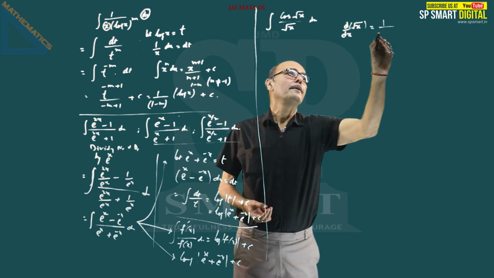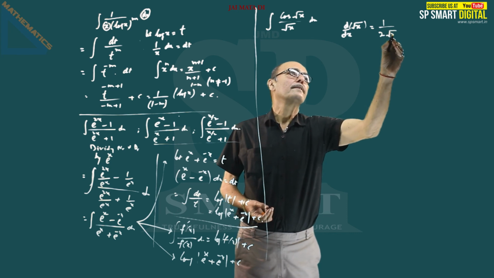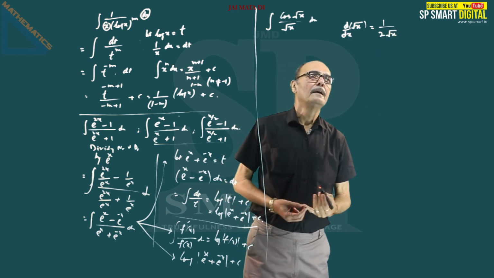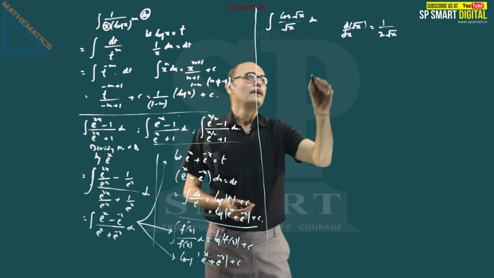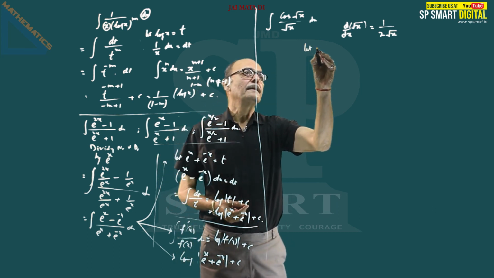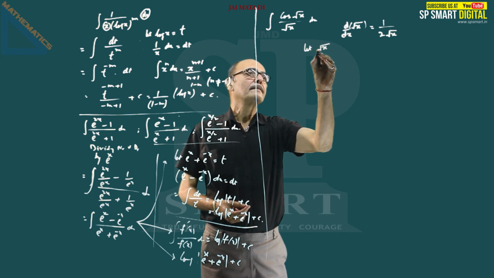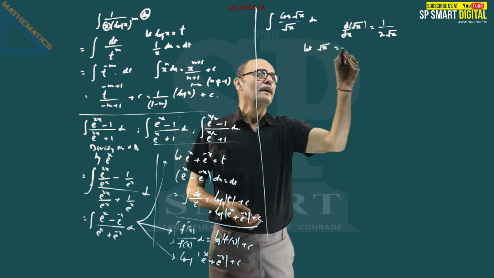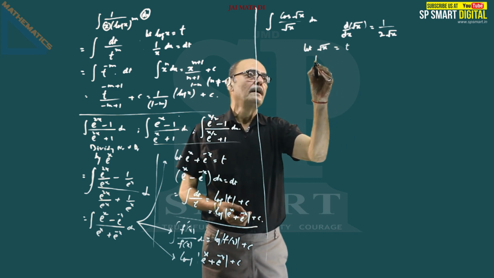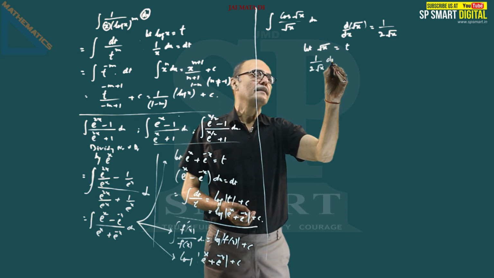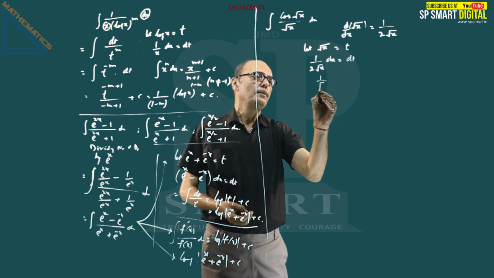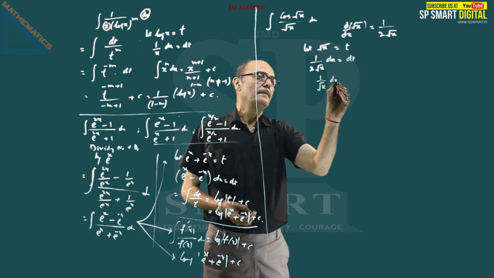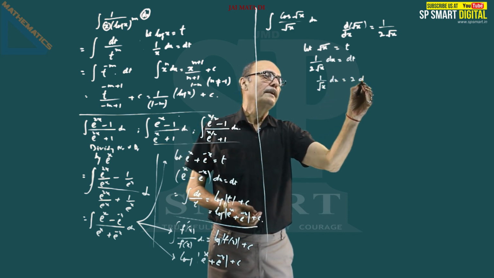This is 1 by 2 root of x. It gives us an idea that we make the substitution here, let root x equal to t, 1 by 2 root x d of x equal to dt or 1 by root x d of x equal to twice of dt.